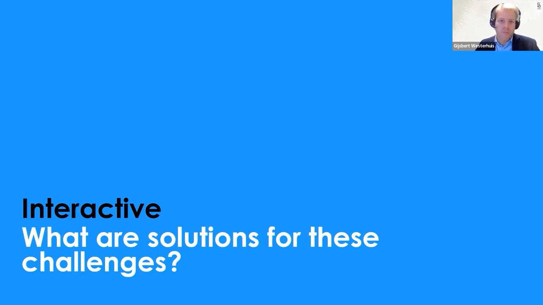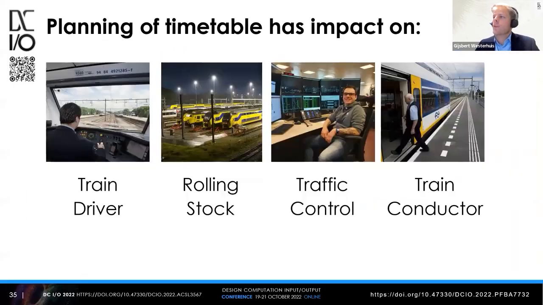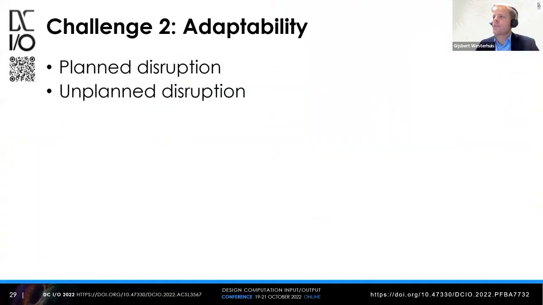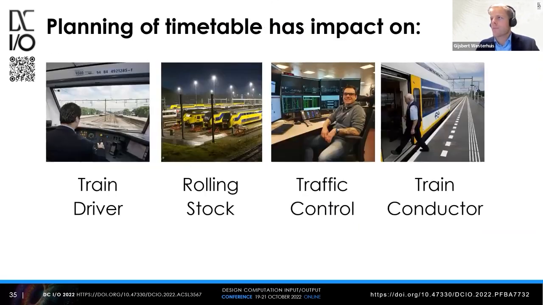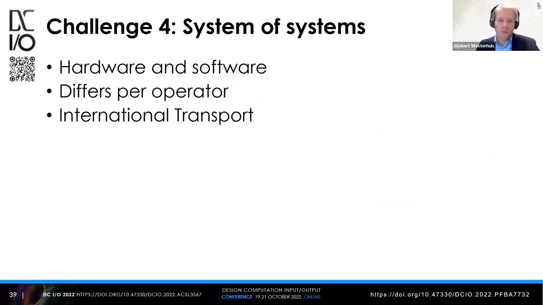So, summary: very high safety standards, a very high need for adaptability due to planned and unplanned disruption. You have loads and loads of different requirements, local but also country-wise, rostering, standardization. But you also have that it's part of many, many systems.